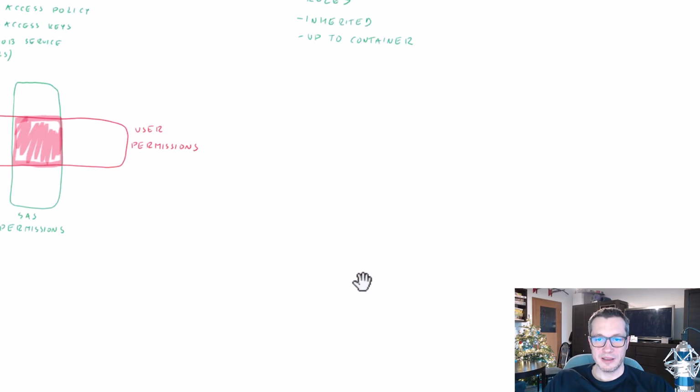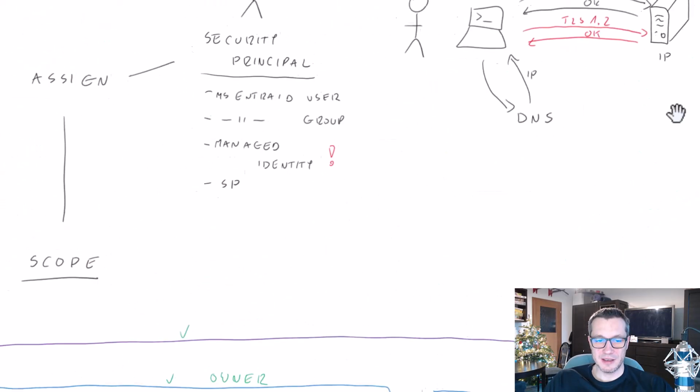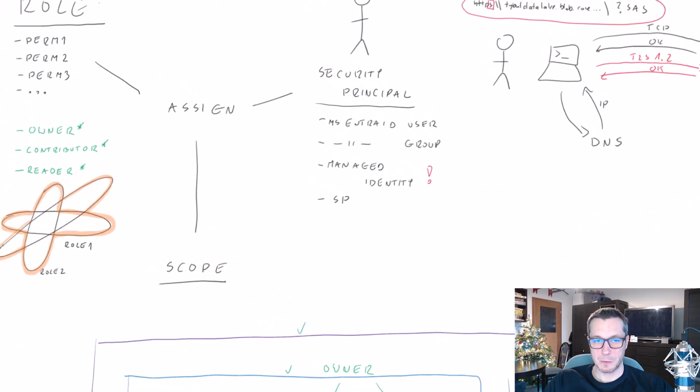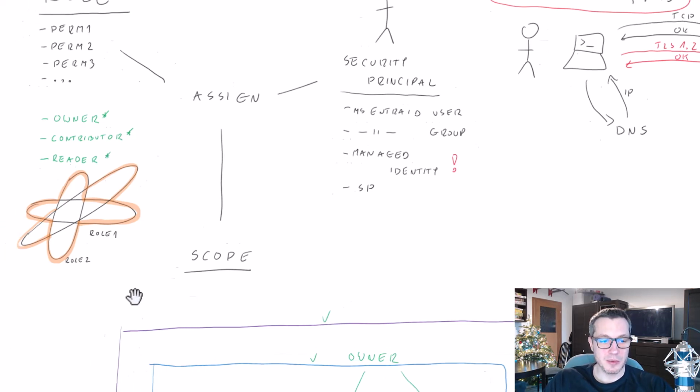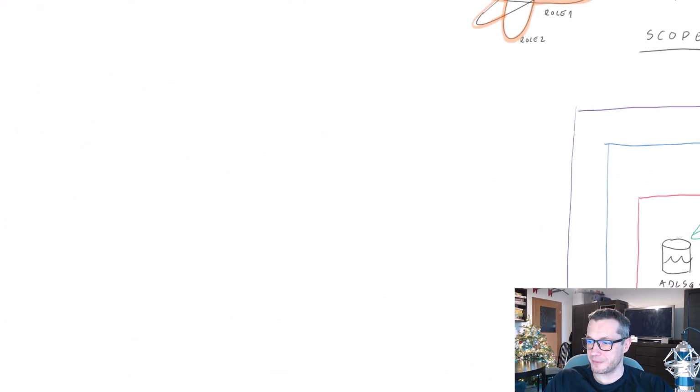All right, and actually let's assign someone a role. But before we do this, let me explain those small asterisks next to this owner, contributor, and reader roles. So let me write something down. We are working with a data lake, and a data lake is just this glorified file folder that stores files.